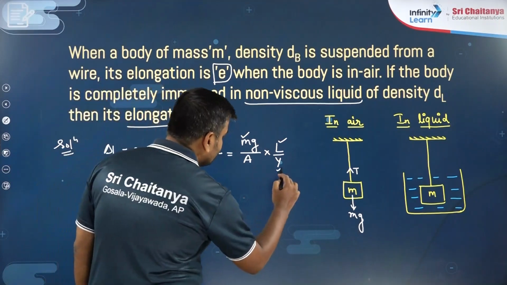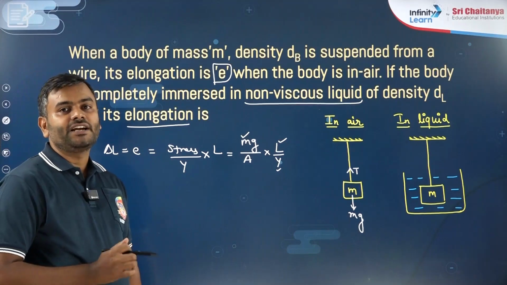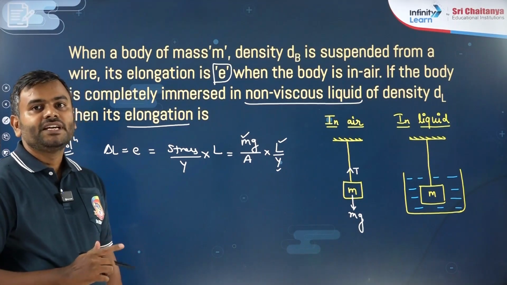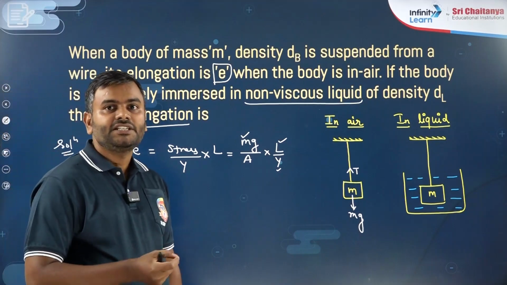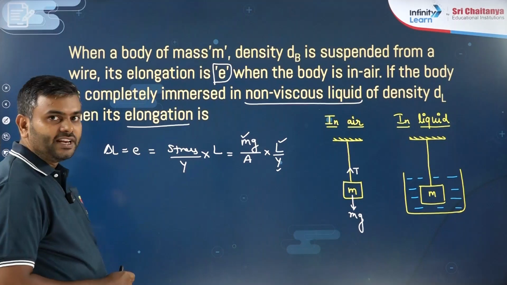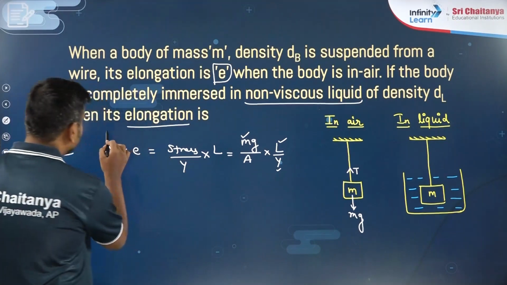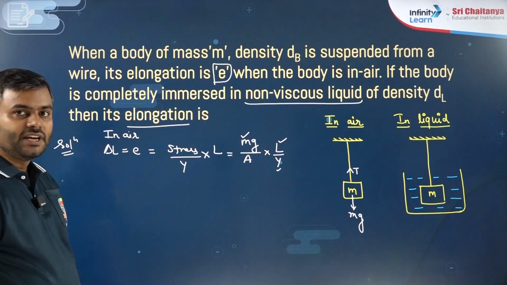Young's modulus of elasticity is also not going to change. The variation will be there in its g value. So this is the elongation relation we have in air.